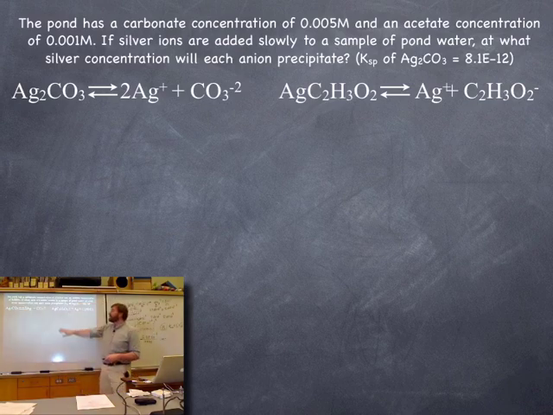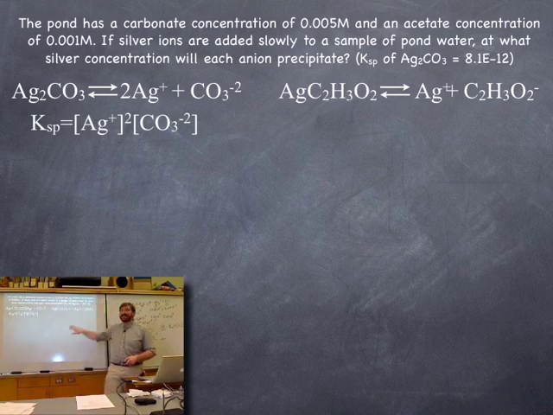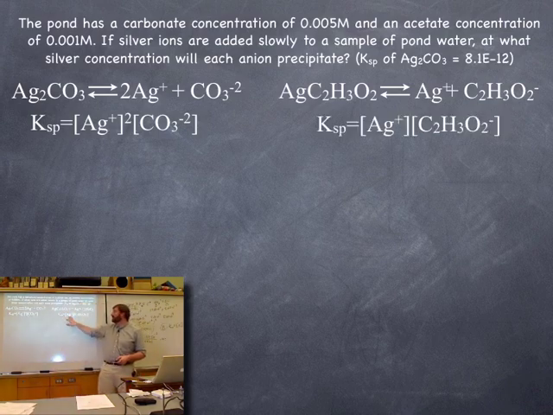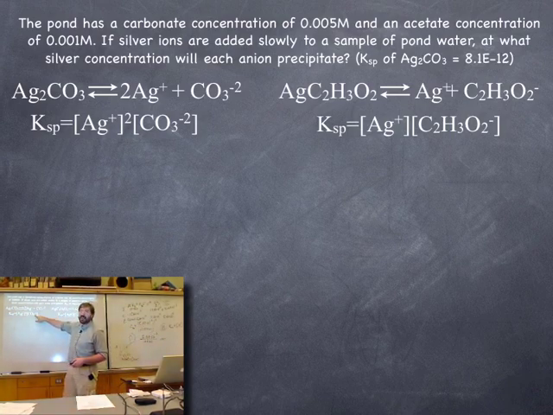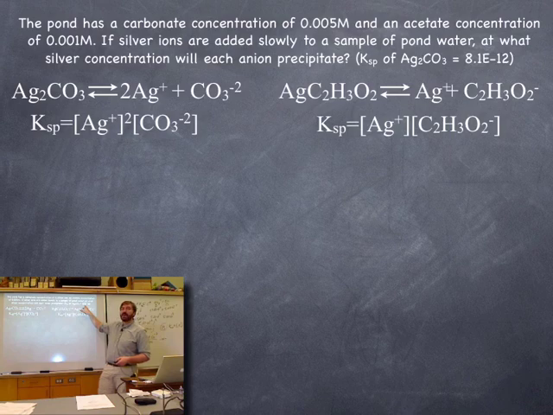So for the carbonate, what's the KSP equation? KSP equals Ag squared times the concentration of the carbonate. And for the acetate, the KSP equation, we already know, is silver times acetate ions. We know the concentration of the carbonate ions. It's given to us in the problem. We know the KSP value given to us in the problem.